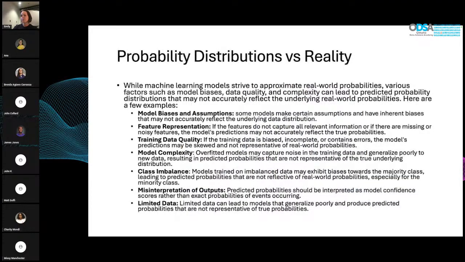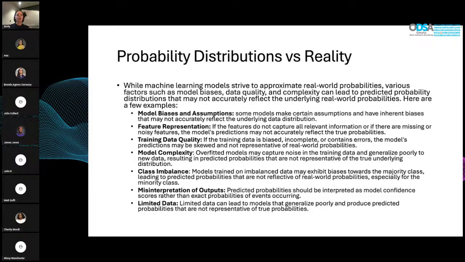When our model makes predictions, there are situations where what we are predicting doesn't represent the real world distribution underneath the hood. Machine learning models strive to approximate these real world probabilities, but there are a lot of complex situations which can lead to the predicted probability distributions not reflecting the underlying real world probabilities.